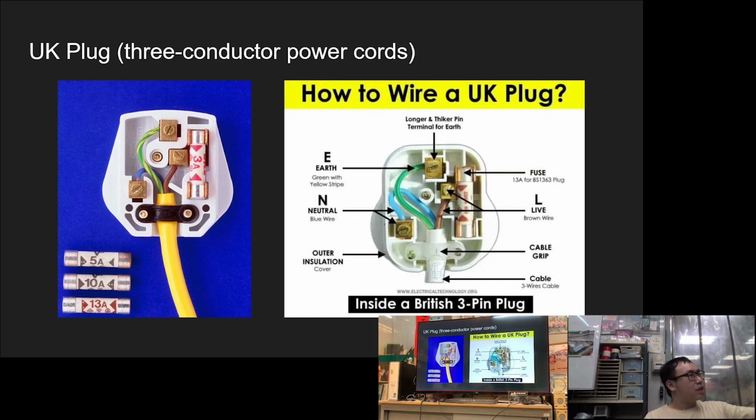Okay. So the earth wire is green and yellow stripes. This is the one for safety. When anything happens, this line helps to ground your electricity, so it protects you from danger. It prevents any current flowing through your body.